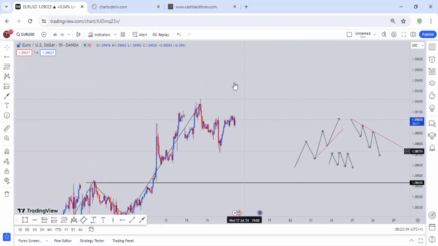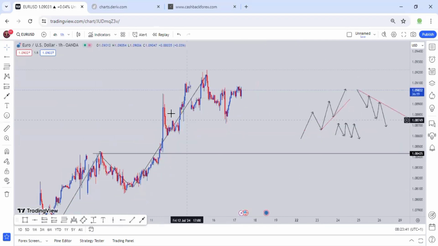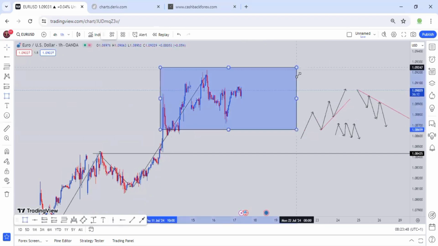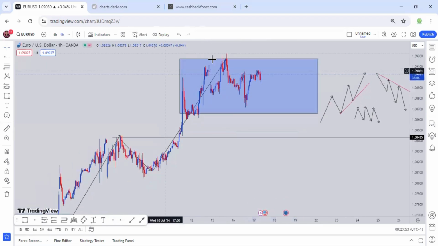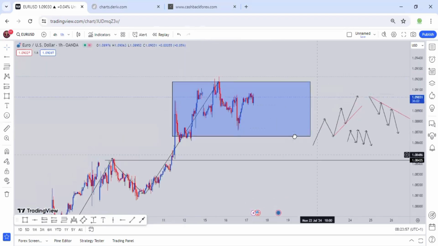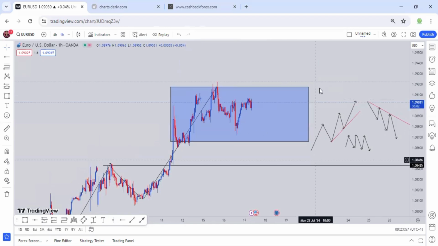So anything here, we are going to ignore. We ignore everything here. All the sell setups that we are seeing here might be valid, but we're not taking them because the medium term structure is bullish.